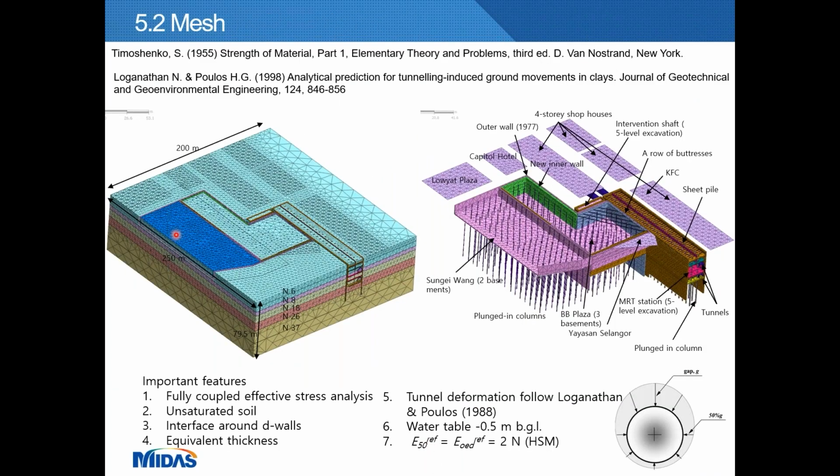Okay, this is the size. The size of the mesh is 200 meters by 250 meters by 79.5 meters in depth. This model includes, as I mentioned, the old basement wall and the new basement wall within the old basement wall, 2 tunnels, surrounding structures and temporary structures, the bracing columns.